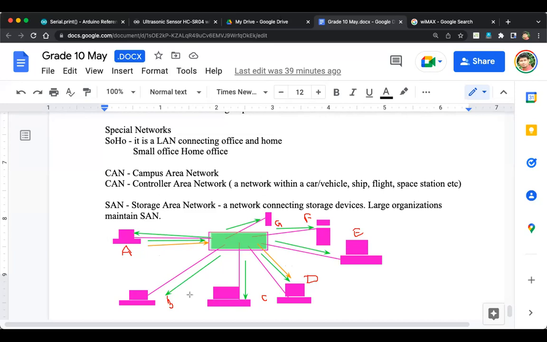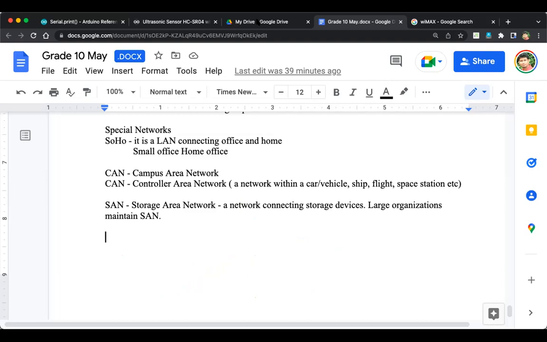If B asks to send to D and F, it can send to those multiple parties. And if B asks to send to everyone, then it can send to everyone. So it acts according to the situation, but a hub is always broadcasting. Therefore, a hub is less intelligent.